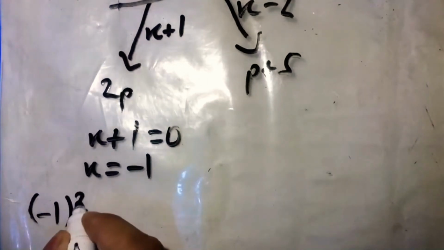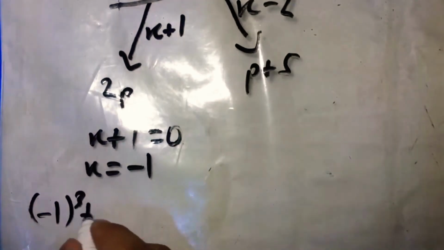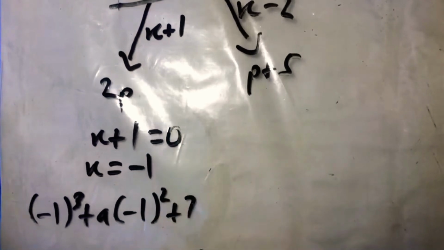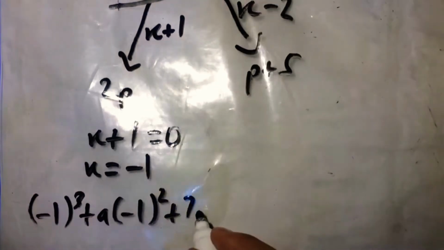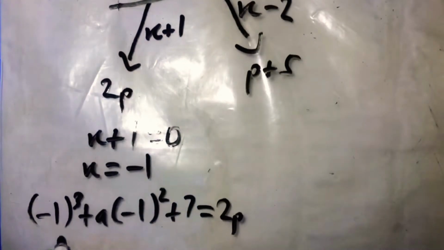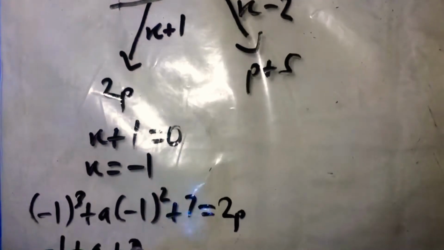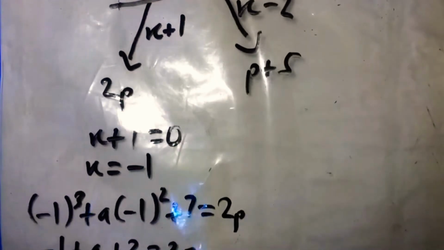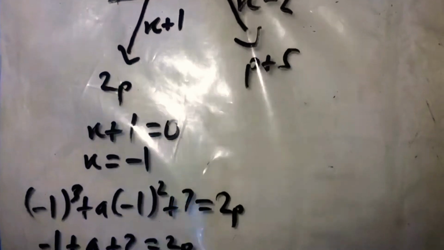Minus 1 cube plus a times minus 1 square plus 7. This gives us a remainder of 2p. So equals 2p. Minus 1 plus a plus 7 equals 2p. a minus 2p equals minus 6.